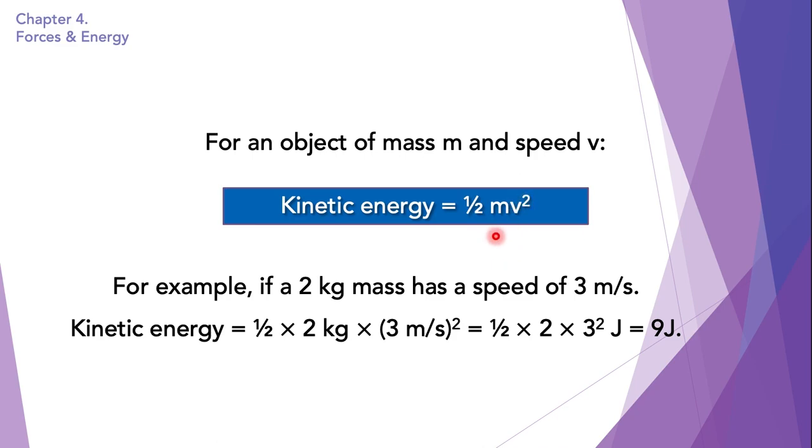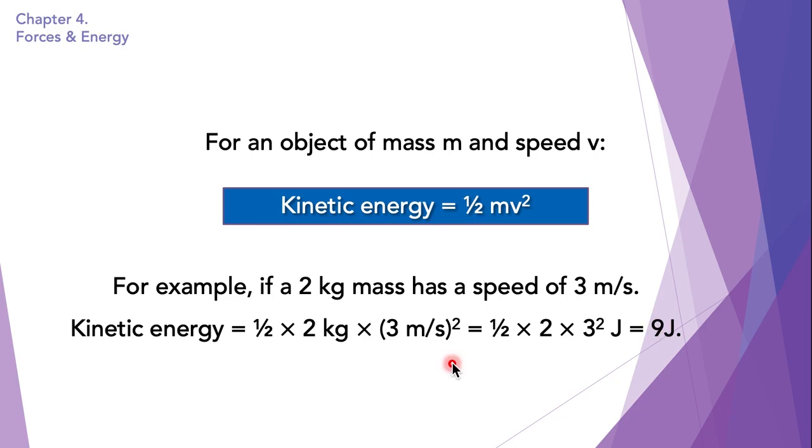This means mass multiplied by velocity to the power of 2, divided by 2. By half we mean dividing by 2. Remember, the speed is to the power of 2. We multiply both the values and divide by 2, and we get 9 joules.